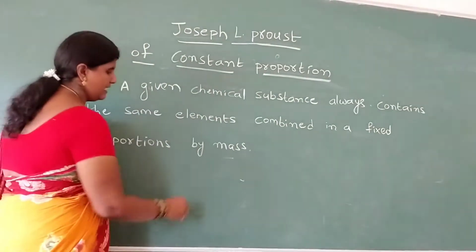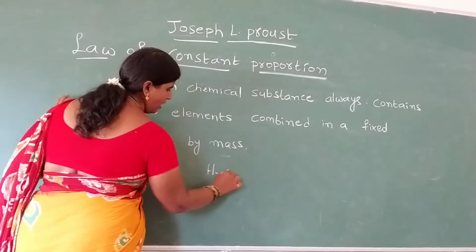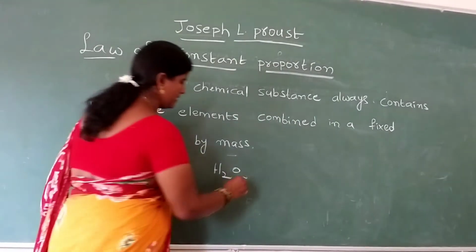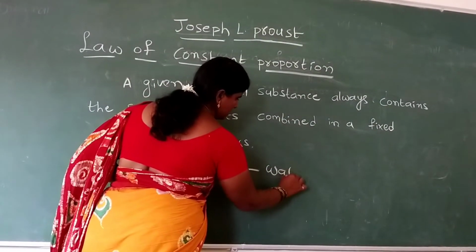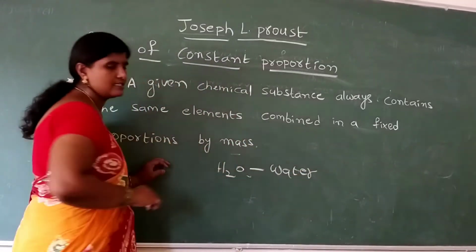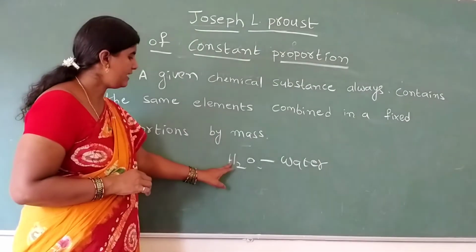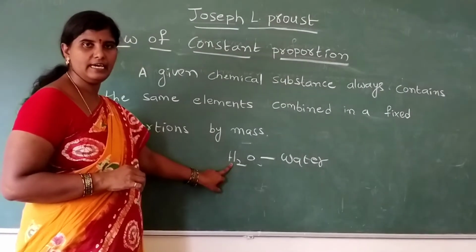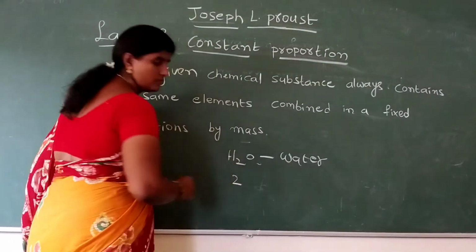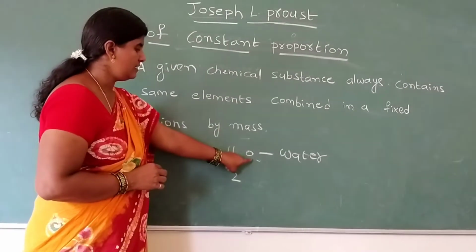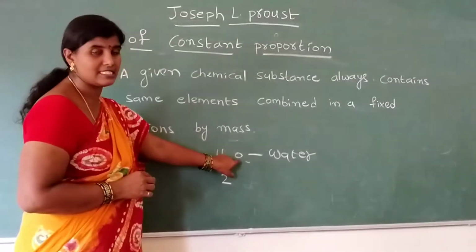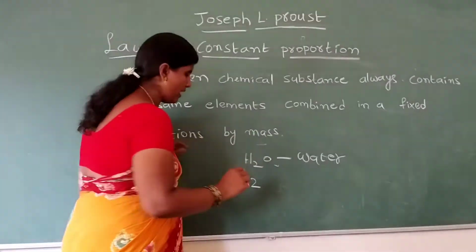What is that? H2O. What does H2O mean? Water. H2O means water. It is the symbol for the water molecule. How many hydrogens are there here? 2. Okay, how many oxygens are present here? 1.